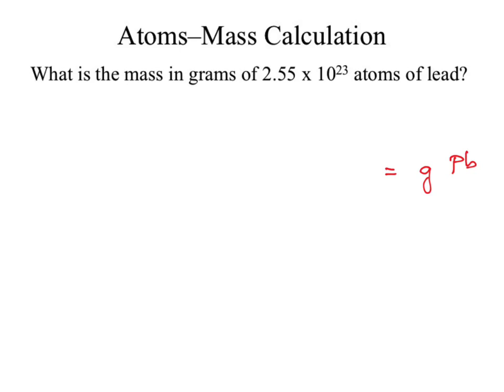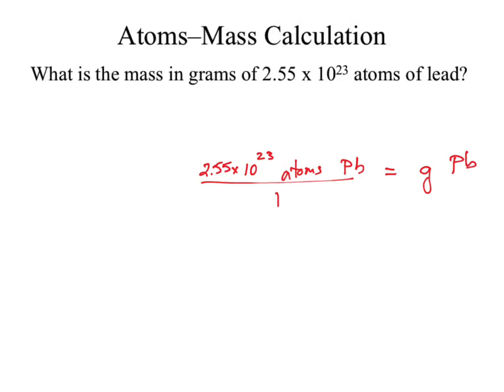For those listening at home, what was started to be suggested was the number. The number is meaningless until we have a unit associated with it. So atoms of lead was given to me. With that, I know I can put it over 1 because it wasn't given with any other context, and I could now put in the number 2.55 times 10 to the 23rd.